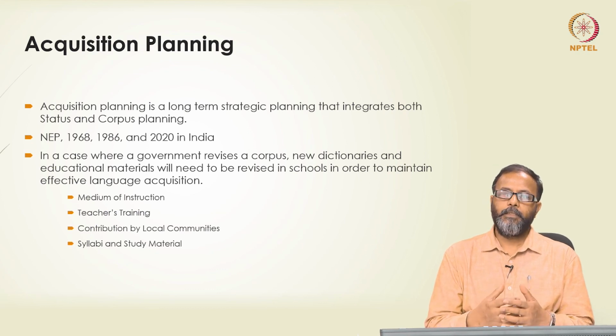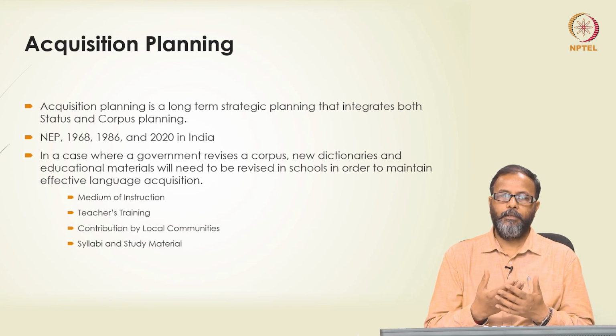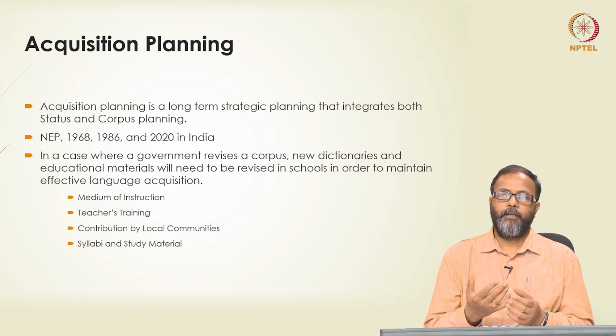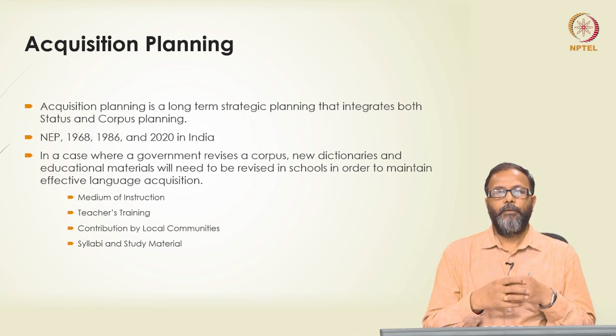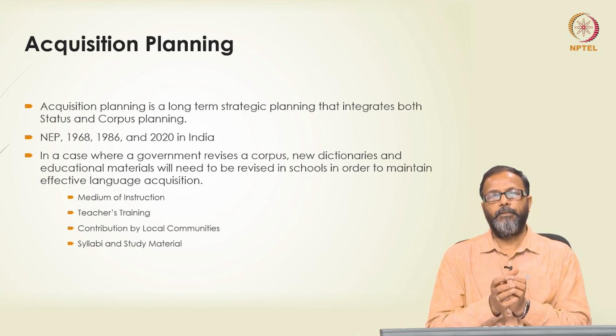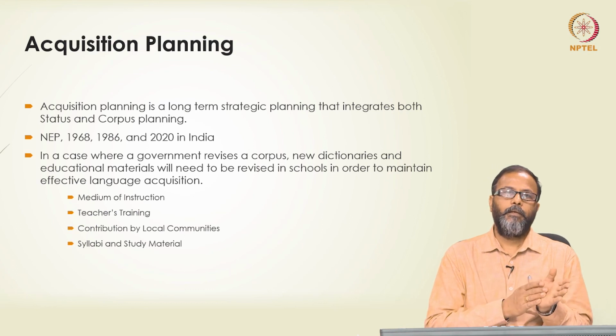And this process entails three processes: graphization, standardization, and modernization. So you need to work on the orthographic representation and script of the language. It is made simple, usable, user friendly, and popularized.